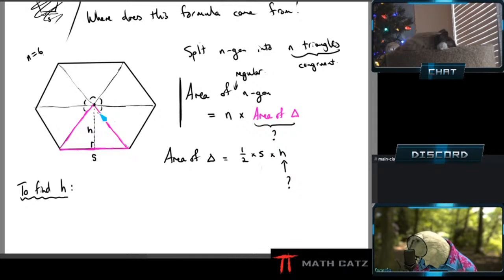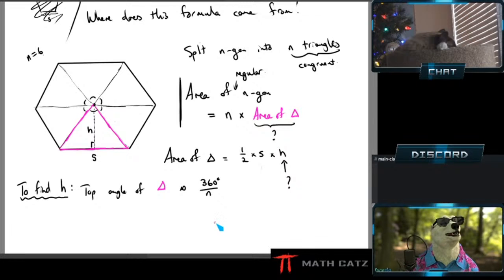So this angle here, let's call it nothing right now, the top angle of my pink triangle, I'm trying to make this as clear as possible, is 360 degrees split into, in the hexagon case, 6 equal pieces, but in general, n equal pieces.